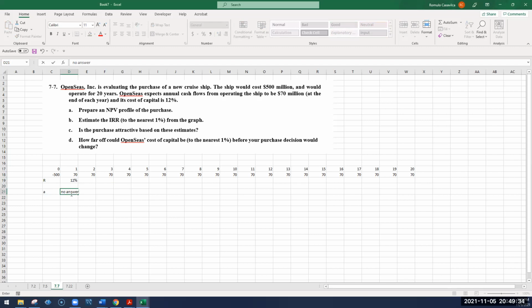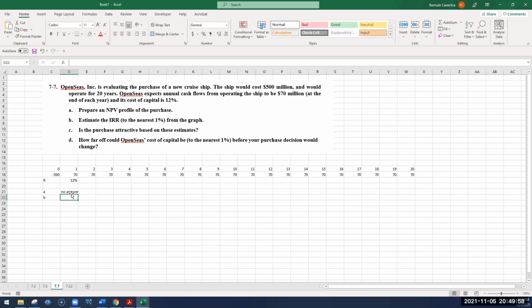It's just to estimate the net present value with a graph. It's a different way to do it, but for the test, I don't think you're going to use a graph. So on A, there's no answer. You don't have to worry about it. 0 points. So you just skip it.